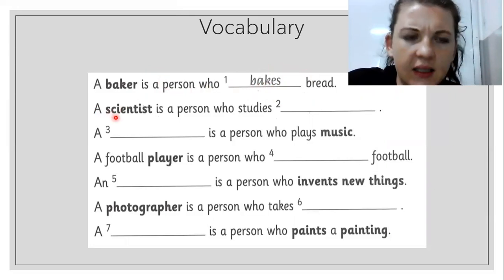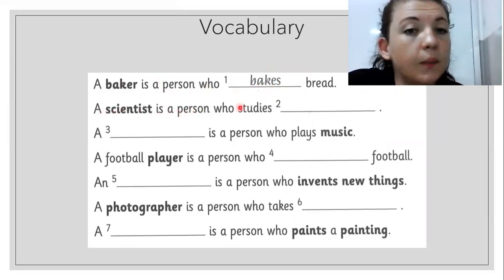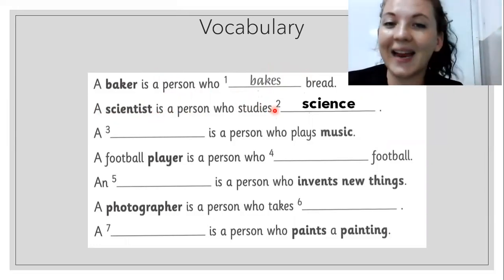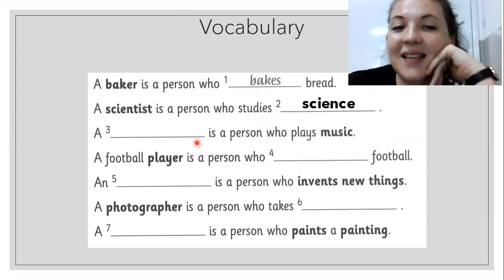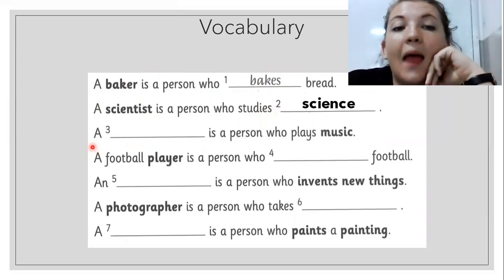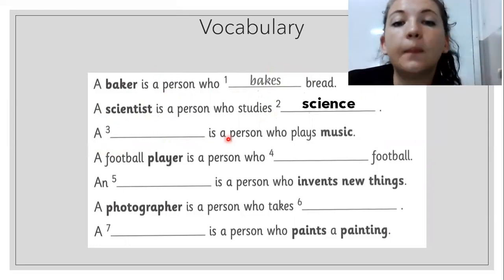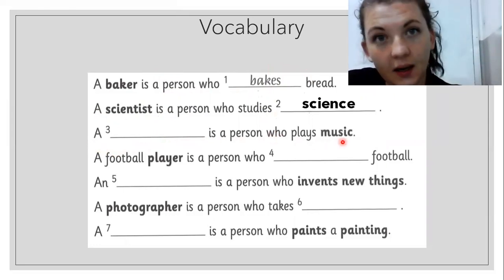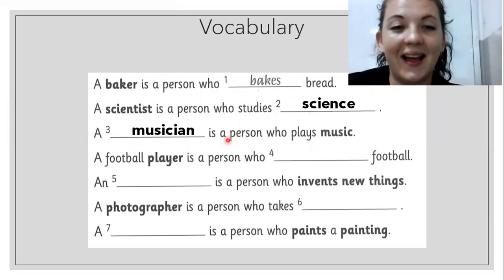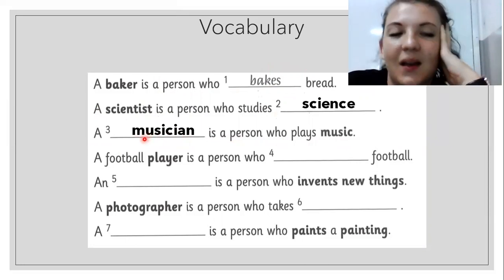A scientist, question number 2, is a person who studies what? Do you know? Science. Good, they study science. Sentence number 3, a what is a person who plays music? Can you remember that it is a musician? A musician is a person who plays music.